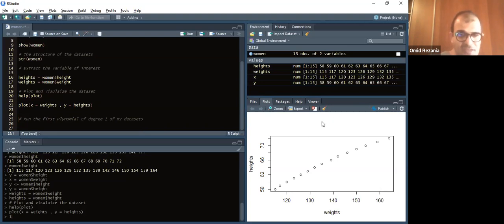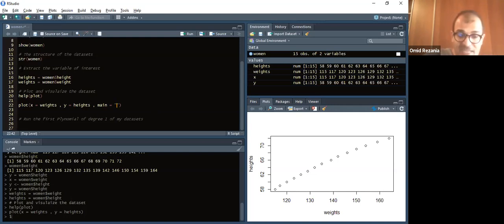But I do not have a title for my plot. It's very easy. I can come back to the plot and I put main equals to, and I put in quotation, because remember, when you do the coding, you can write the descriptions, the alphabets in two formats. Either your format is going to be with the hashtag as a guidance of what you do, or if this is part of the code, it's going to be inside the quotation mark.